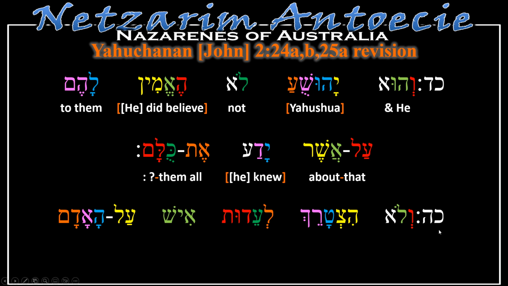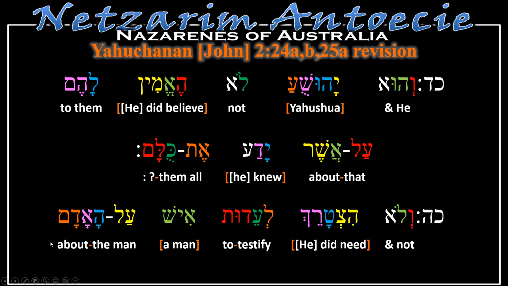And then we have Kaf, 20, and Hey, 5. So in 25, velo, and not, hitzterech, which he did need, le'edut, to testify, that's the construct form, ish, a man, al, about, ha'adam, the man. And not, he didn't need to testify, a man about the man.